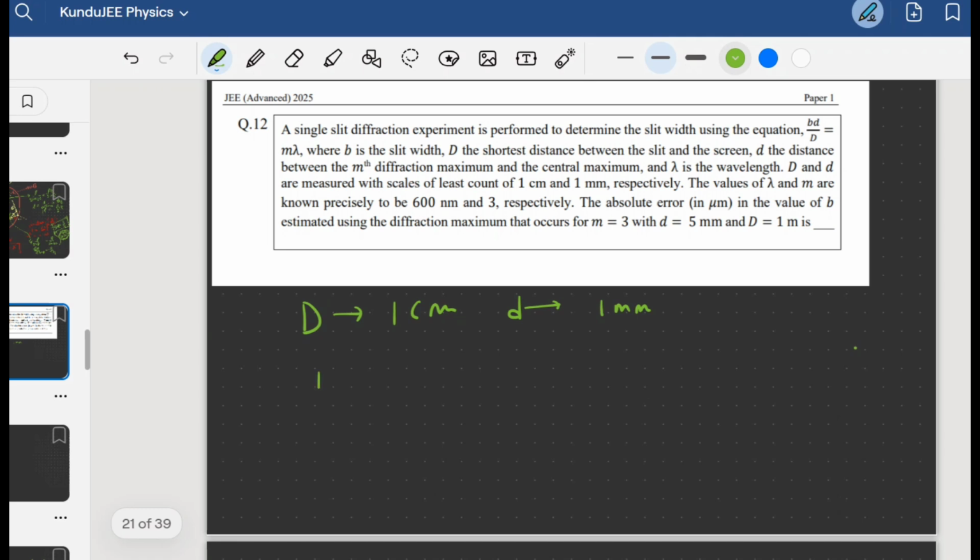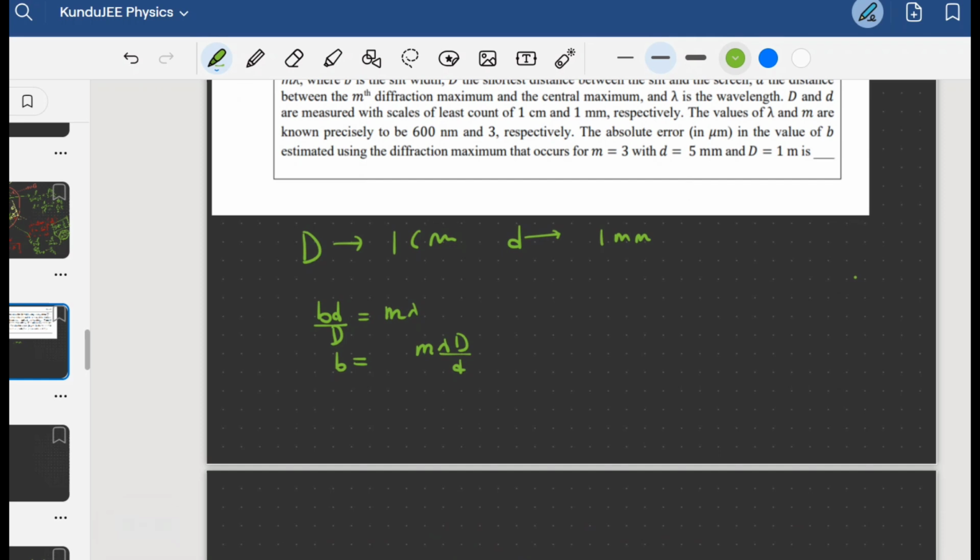So see, the formula is already given. bd by capital D is m. Now I have to find out the absolute error in the value of b. So b I will express in other variable terms: m lambda capital D by small d. I am just jumping one step.